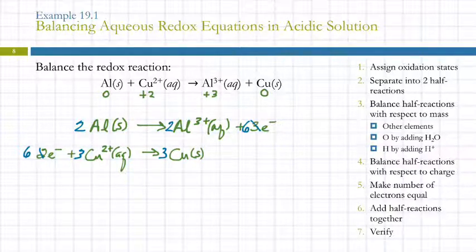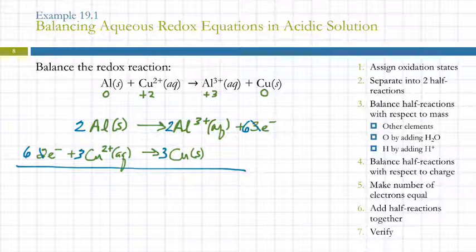Now, when we add these two equations together, this top one is giving off 6 electrons. This bottom one is taking 6 electrons. So we're not going to see the electrons in the overall reaction because they were given from the aluminum to the copper ions. So those cancel out. And we write down what's left.